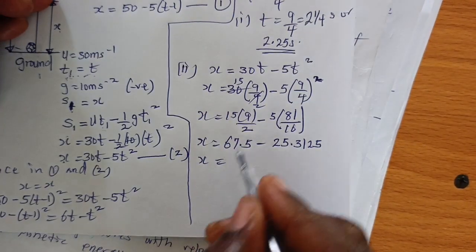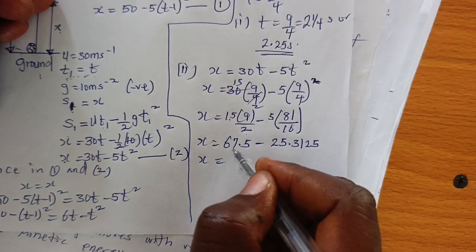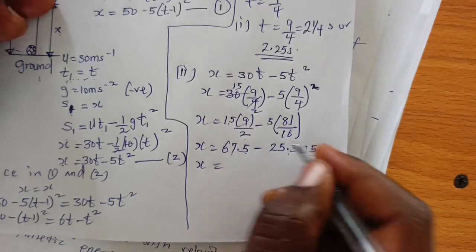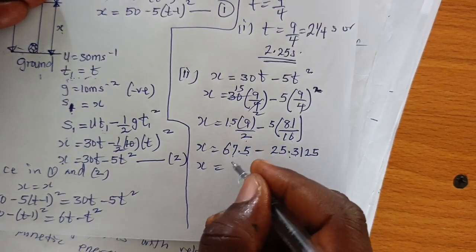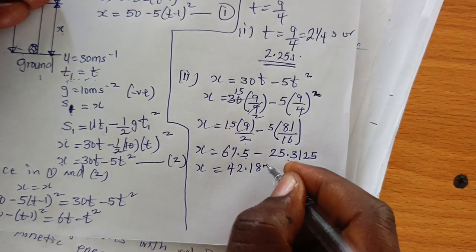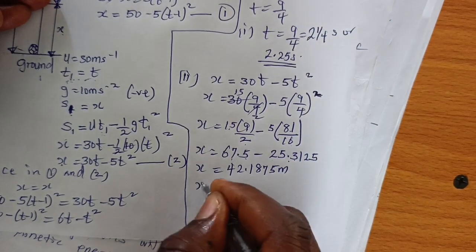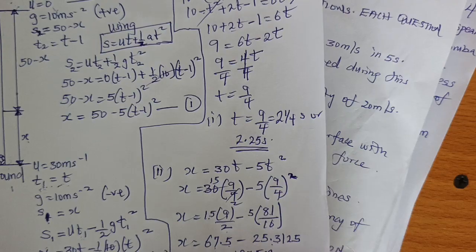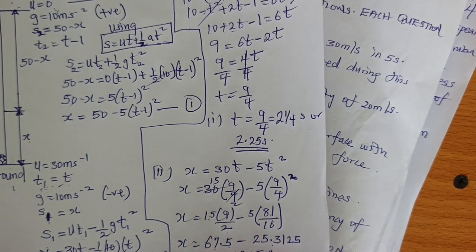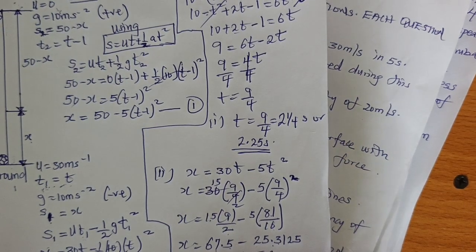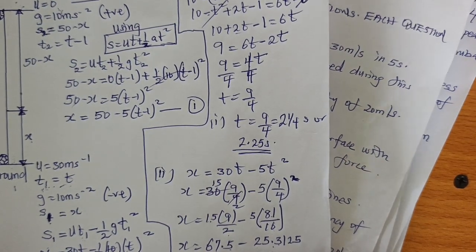Now when you multiply 15 by 9 divided by 2, you have 67.5. 5 by 81 divided by 16, we have 25.3125. Taking away this from this, we have 42.1875 meters. So that is from the ground. So the height at which the balls meet from the ground, we can approximate to 2 decimal places as 42.19 meters, or to 1 decimal place as 42.2 meters.